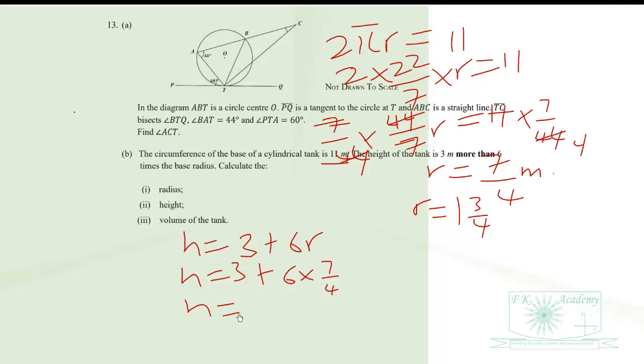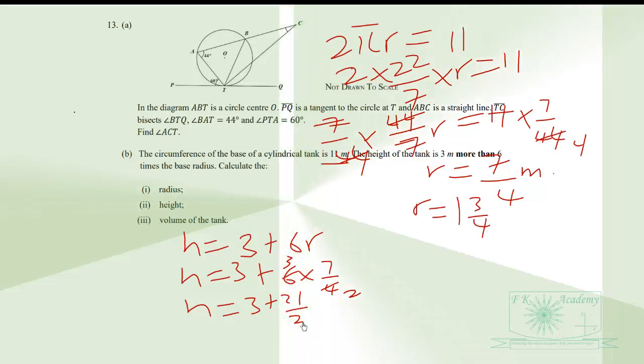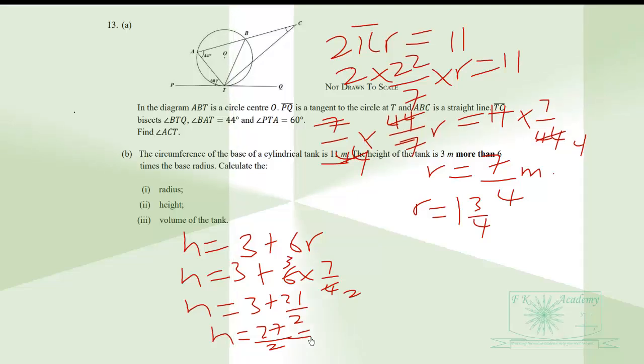We know 2 will go here 2 times, 2 will go here 3 times. So that will give us 3 plus 21 over 2. When we simplify that, the 3 is like 6 over 6 2. So it's going to give us 6 plus 21, which is 27 over 2, or 13.5 meters.